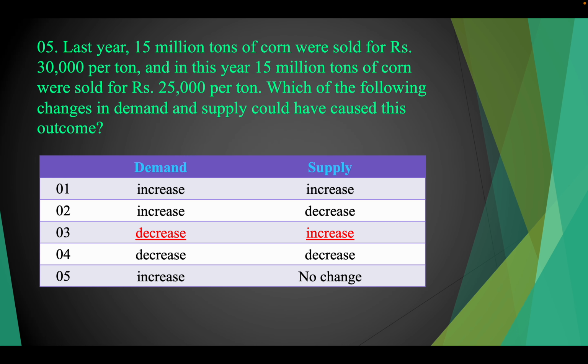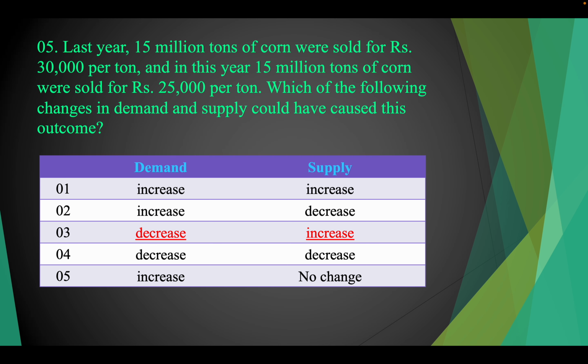Then fifth question. Last year 15 million tons of corn were sold for 30,000 rupees per ton, and this year 15 million tons of corn were sold for 25,000 rupees per ton. Which of the following changes in demand and supply could have caused this outcome?